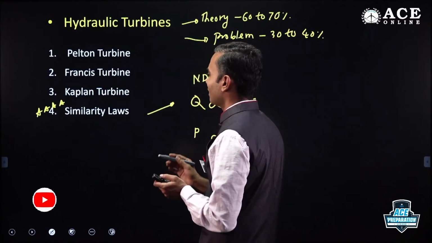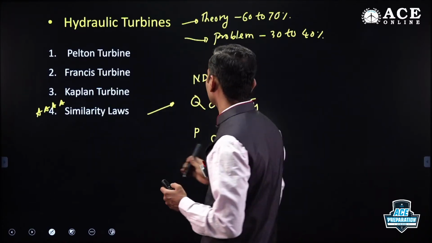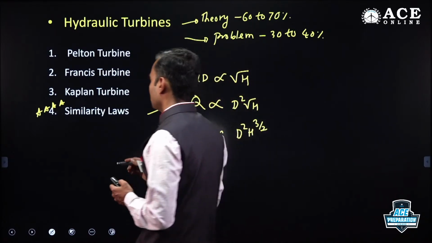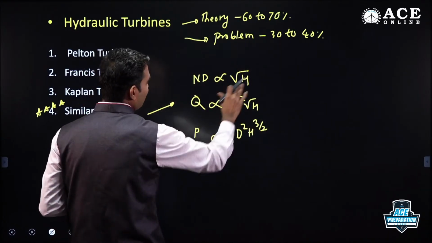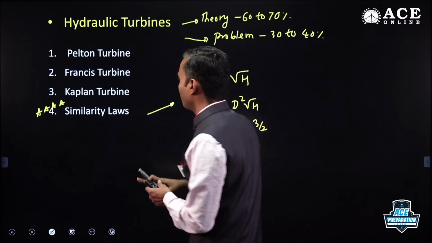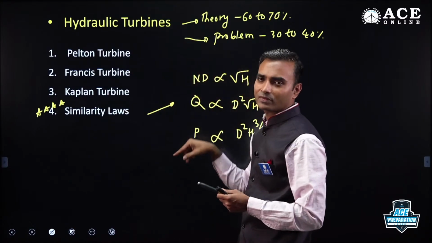Usually numericals are also simple. Out of this 30 to 40%, maximum numericals come on this similarity law.